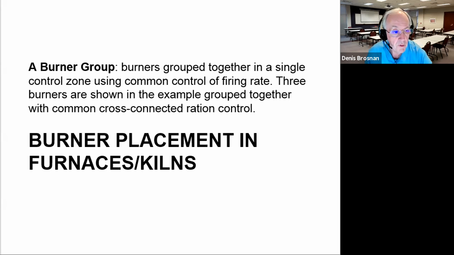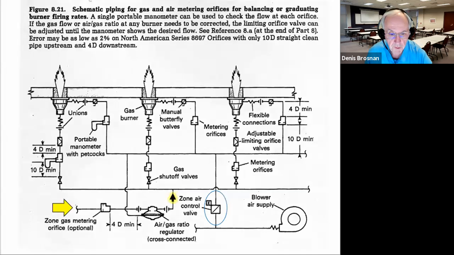So I'm going to show you a diagram which has three burners linked together to function as one group working together. So here's the gas coming in. There's one ratio regulator, which is driven by the air system. Here's the air coming in. Okay, there's an air valve that's controlling the amount of air going to these three burners.